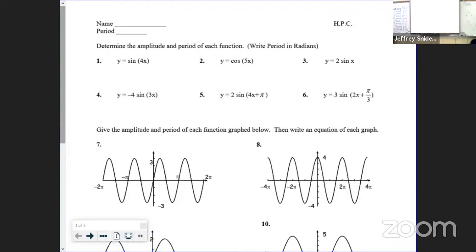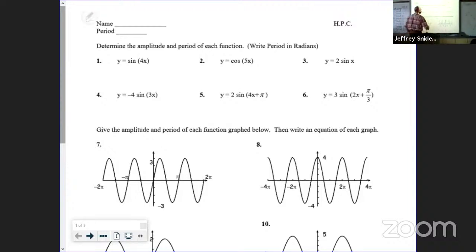All right, so let's go through this. This is all based upon understanding what the numbers in the function are doing to the sine or the cosine curve. That first section had no graphing involved. All you had to do was look at this and determine amplitude and period of each function.